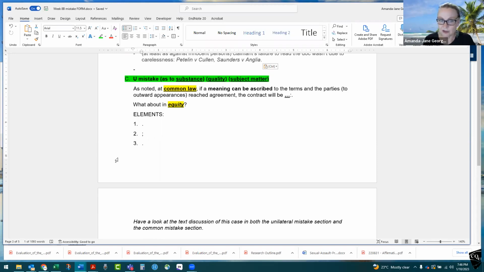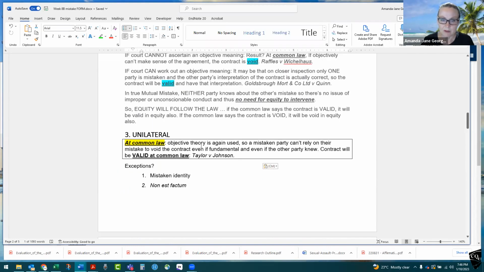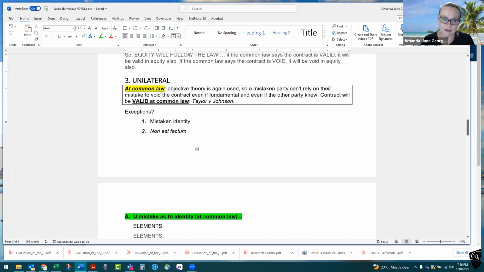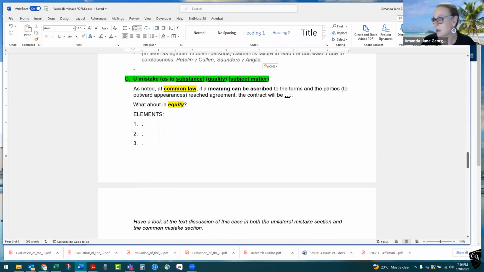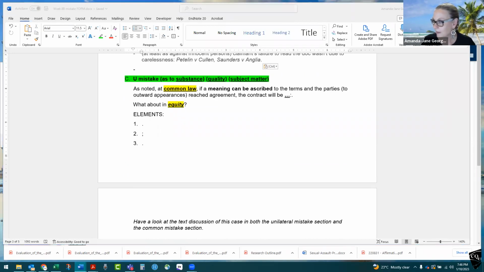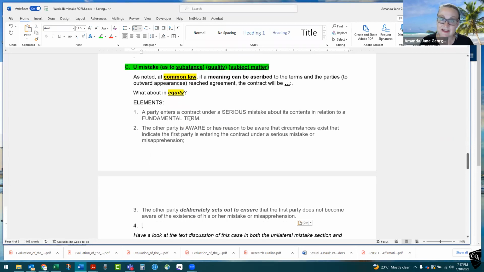And then we had Taylor and Johnson, which is the one I was talking about before, where the poor old lady who was selling her land was swindled by the person, who represented things that were different than they actually were. So the elements for unilateral mistake as to subject matter, from the case of Taylor and Johnson, are: a serious mistake about a fundamental term of the contract.